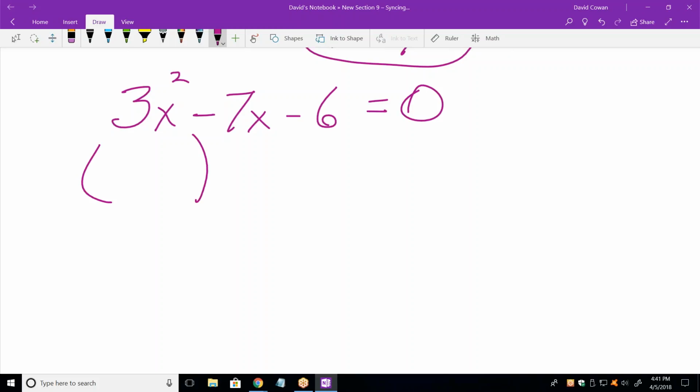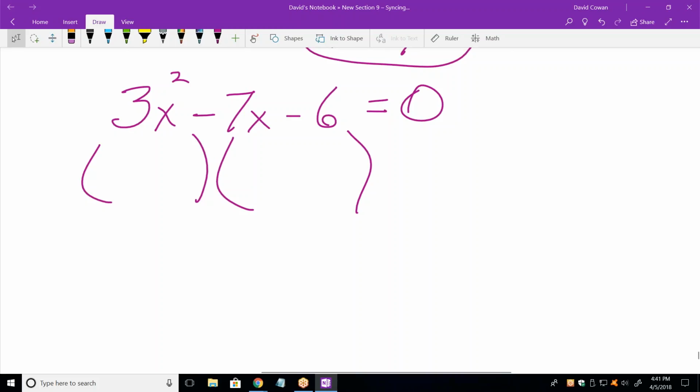So always give it a shot to see if you can factor it. Now, all of these aren't going to be factorable. If they're not factorable, you have to go to the quadratic formula. But the quadratic formula is long and complicated and a lot of arithmetic, so it's worth a shot factoring it.